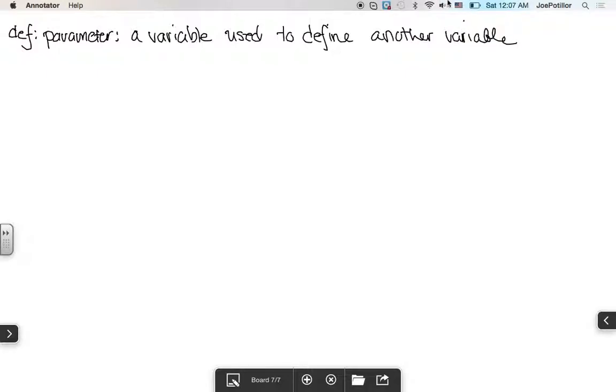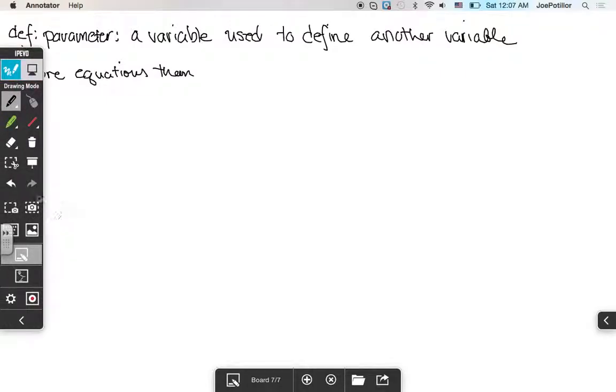Okay, simple enough. And I only use parameters when what? When I have more variables than equations, not more equations. If you have more equations than variables, that doesn't matter. Alright?